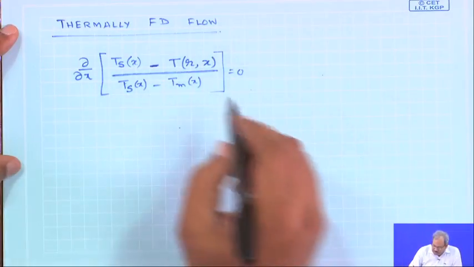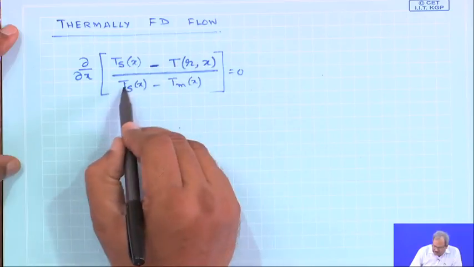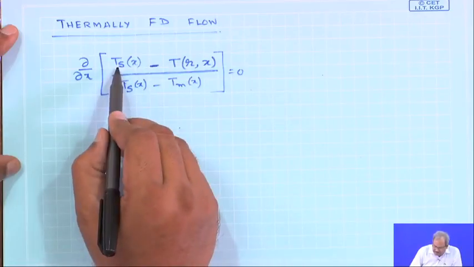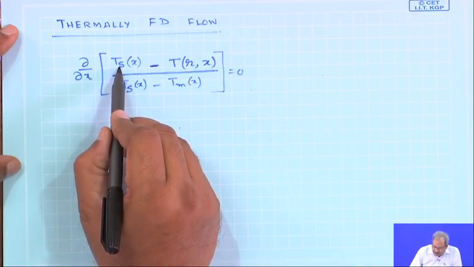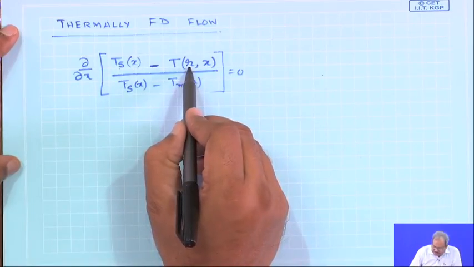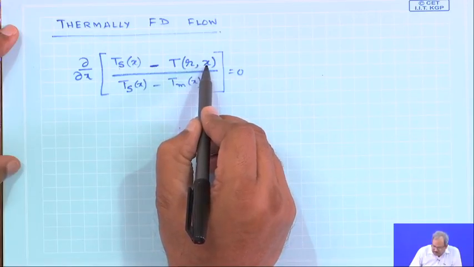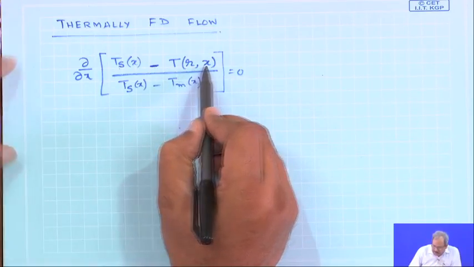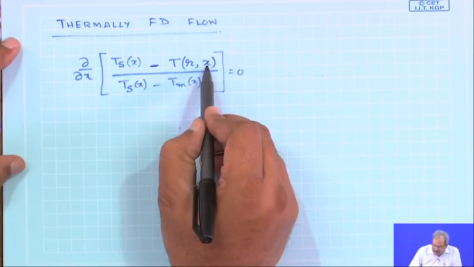Now, when you see these three temperatures: this is the surface temperature of the wall, which could be a function of x. This is the temperature of the fluid, which is flowing, and it is a function of r, that means how close it is to the wall, and it is also a function of x, where x denotes the actual position.